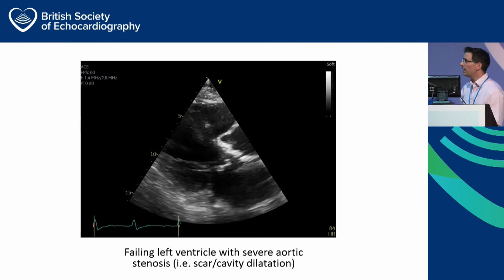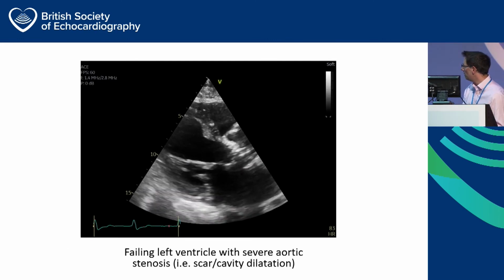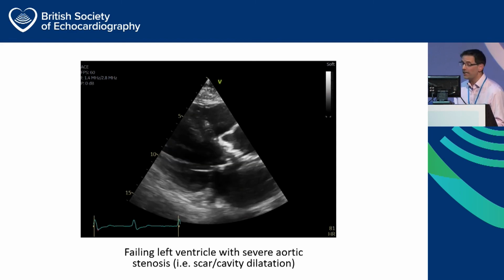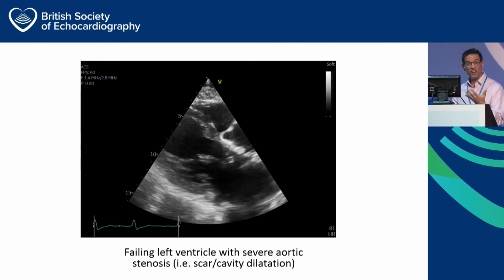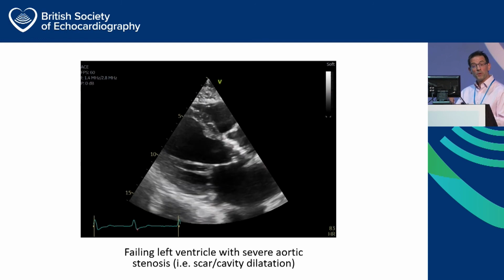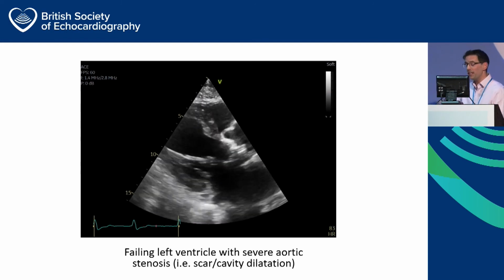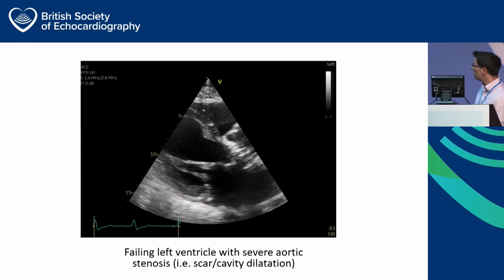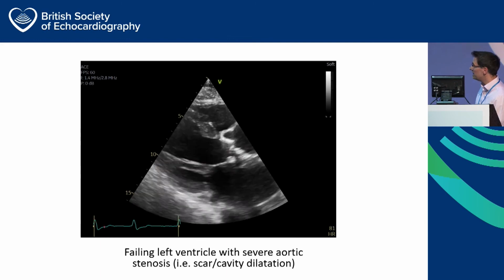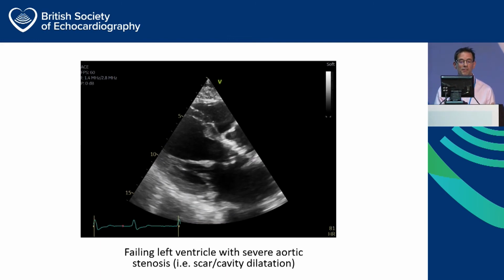And then this would be a case, one I had a couple of weeks ago on the ward, of an elderly gentleman presenting with severe aortic stenosis, but presenting towards the end stage of the disease because he unfortunately also has a dilated, failing left ventricular cavity.